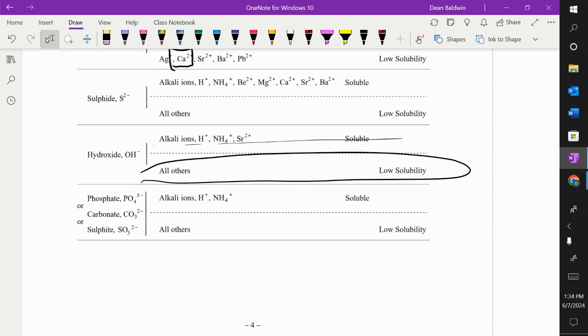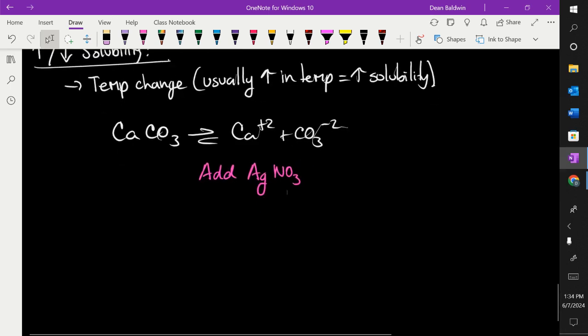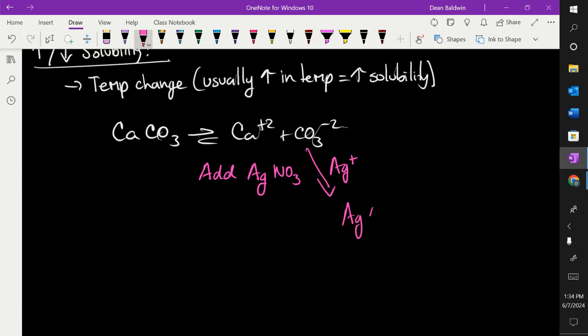That means that silver will react with this and you'll get Ag2CO3 solid. It causes it to fall out of solution. So what does that do to the equilibrium? It pulls it this way, right? Because you pulled this out of solution, this shifts to the right, and you get it dissolving more. So this causes a shift to the right.